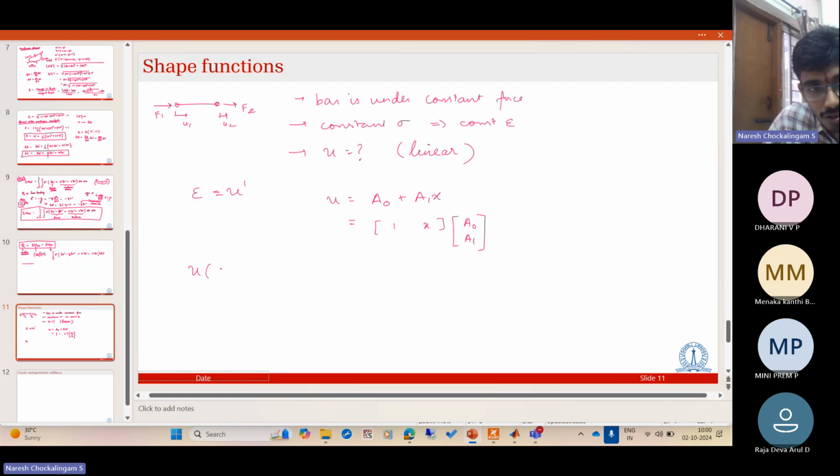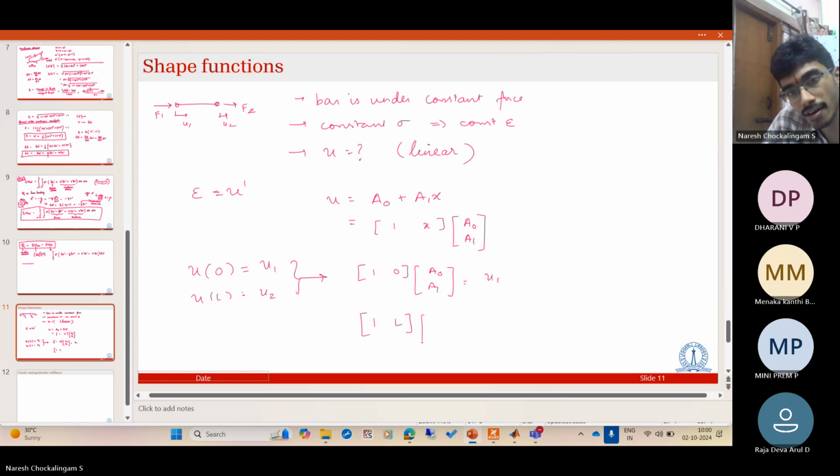Next, can we do something else? What is u of 0? We say u of 0 is u1 and u of L is u2. So the a0 and a1 can be obtained using these equations. What is u of 0? U of 0 means in place of x put 0. So 1 0 times a0 a1 is equal to u1, and 1 L times a0 a1 is equal to u2.